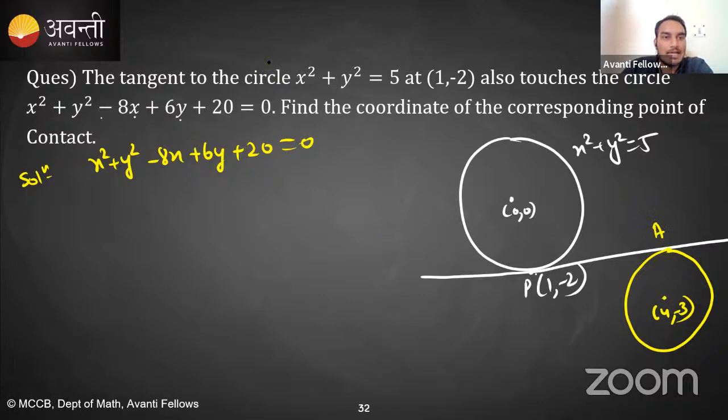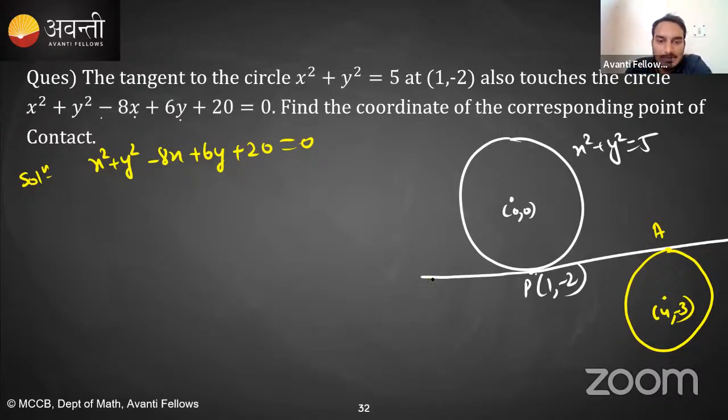Did everyone understand the question? The question is saying that a tangent is drawn to the circle x square plus y square equal to 5 at this point P (1, -2), and when I extend the tangent, this tangent is also a tangent to the circle x square plus y square minus 8x plus 6y plus 20 equal to 0. So now find the point A. That's all. Is this clear, everyone?